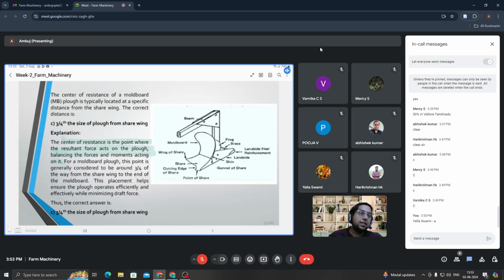Somewhat of a balance is required in the x, y, and z direction. That is why knowingly we have kept it at 3/4 the size of the plow from the shear wing. Why we haven't kept it at 1/2 distance or 2/3 distance, I'll tell you in great detail. Let us move forward.